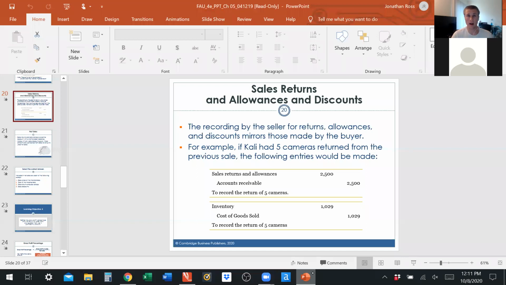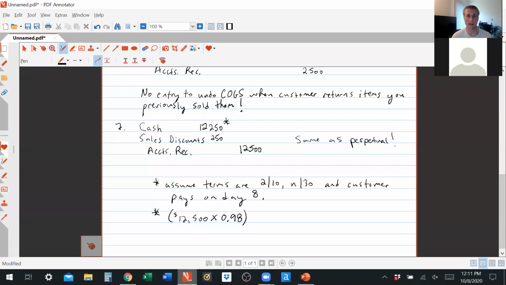The PowerPoint assumed Kaylee uses a perpetual system. In this document, we're assuming Kaylee uses a periodic system. But the journal entry would be exactly the same journal entry, Tanya. And I made up some terms. That's what this is down here. That's why I put it. I said assume that the terms are 2/10, n/30, and so forth. Customer pays within the discount period. You're welcome, Tanya.